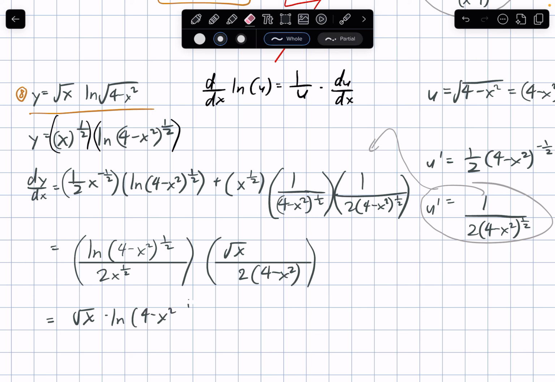Wait, if we want uniformity, if everything is in radical form, then at this point I think it's just a matter of preference. I think the x under the radical sign would cancel. Let's see. Oh wait, I'm so sorry, there's supposed to be a plus sign here. Am I that careless?